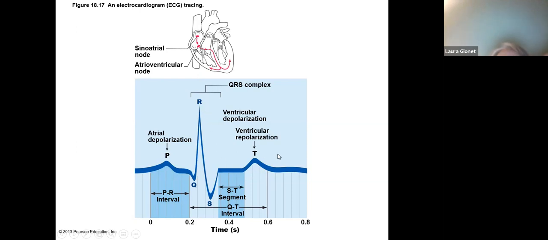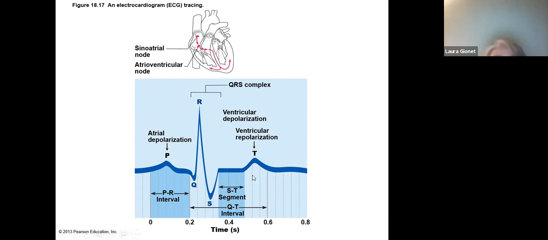And then we said that the S2 sound is a consequence of the ventricles actually relaxing. They've ejected as much blood as they can up into the pulmonary trunk and the aorta, and now they're relaxing, and the blood falls back toward and closes shut the aortic valve and the pulmonary valve. That is your second heart sound.